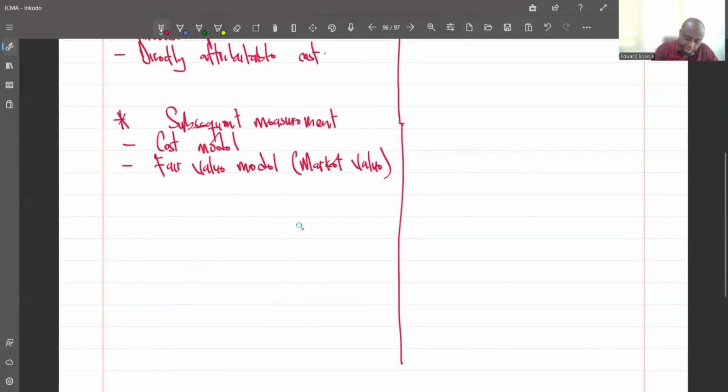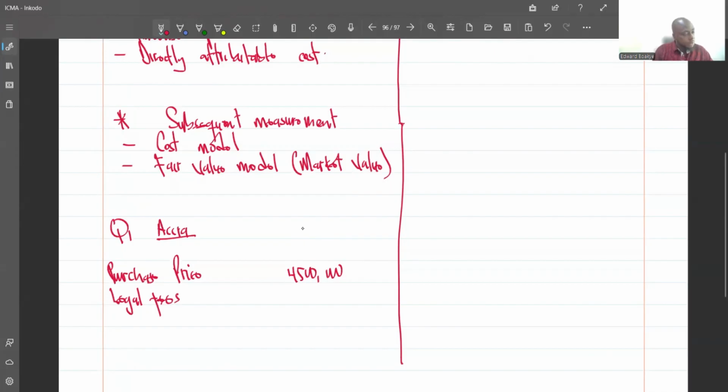So we have Accra Limited. The purchase price was 4.5. And then I think we have legal fees.